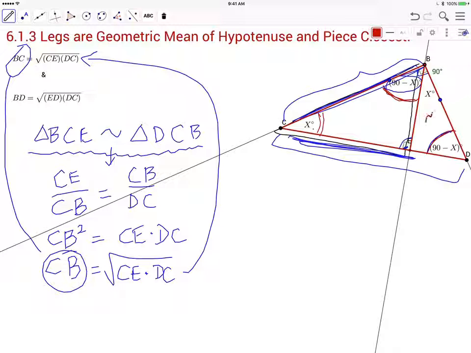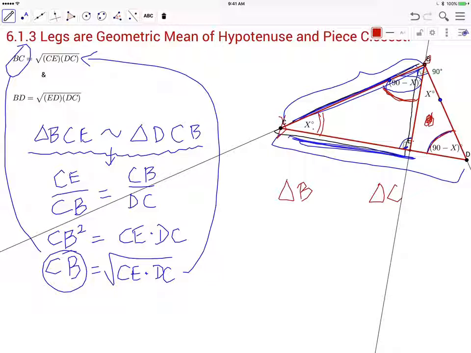Now we're going to talk about the small triangle being similar to the large. In the small triangle, B, this angle up here, relates to the C angle in the large.